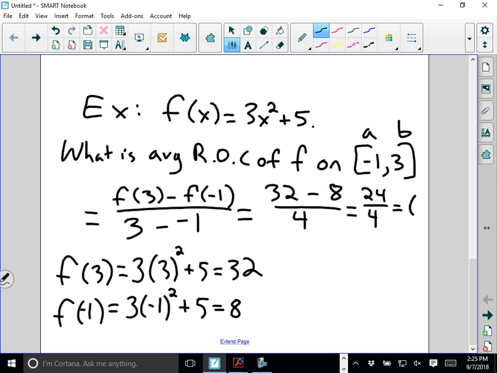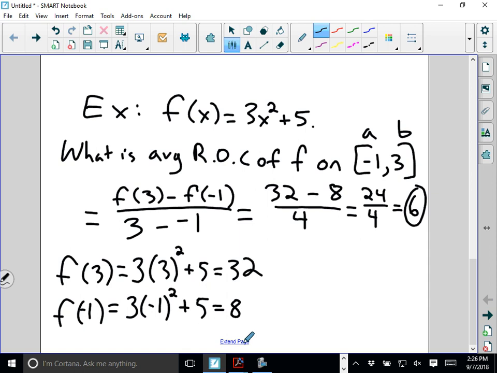So our average rate of change here would be 6. There were no units in this problem, so we don't need to consider the units. However, if this is a context problem, our units would simply be the same units that we would get for any rate of change. We'd take the y units divided by the x units.